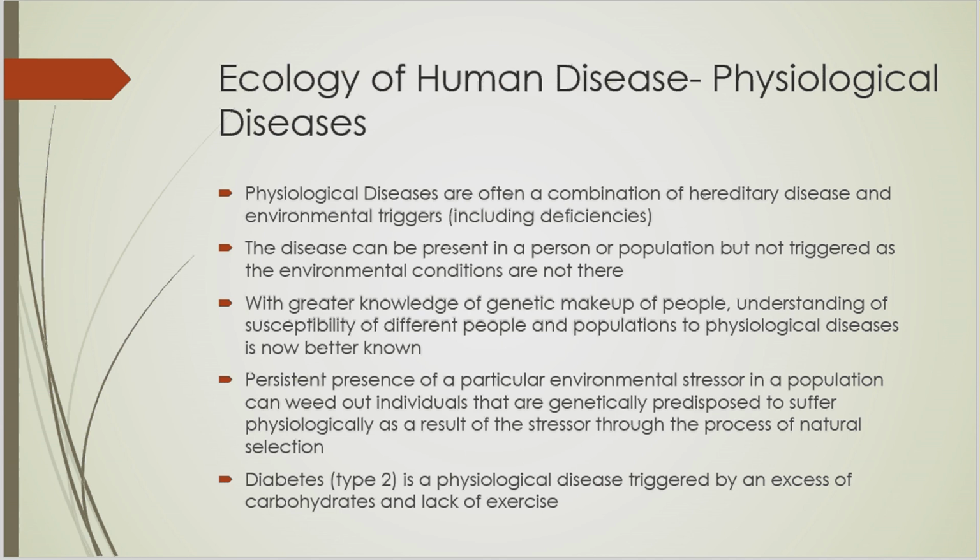Okay, so for instance, a person can be predisposed to diabetes, he can have the genetic makeup which gives them a particular physiology which, in the presence of a lot of sugar, causes diabetes.